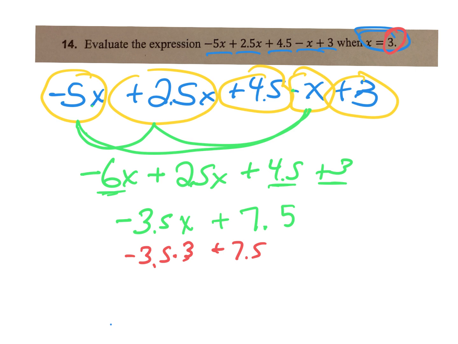Negative times a positive is going to be a negative. 3.5 times 3 equals 10.5. Now I have a bigger absolute value on the negative, so it's going to be a negative. And then I just find the difference of it. 10.5 minus 7.5. And that gets me a negative 3.